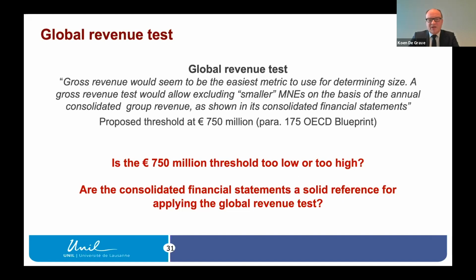From that perspective, it's indeed best to start with a limited number of major companies, which, I would say, will also bring the most revenue for the purpose of Pillar 1. From those implementations, a lot is learned, to then enlarge gradually the companies falling under Pillar 1.